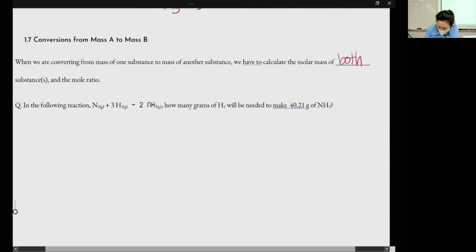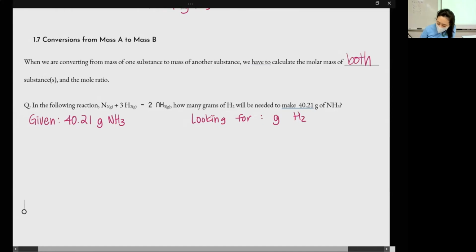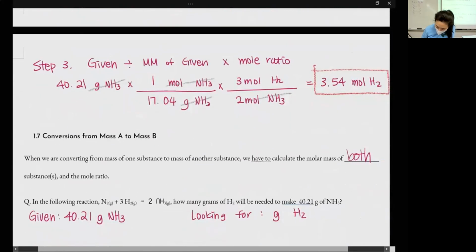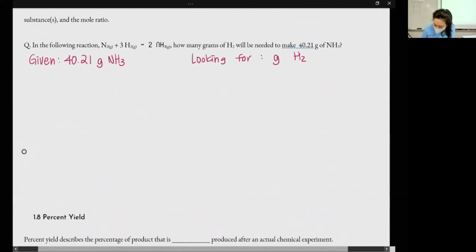Okay, so step 1, before writing step 1, we're going to write the given. So our given is 40.21 grams of NH3. Okay, and our looking for is grams of H2. So it's actually extending one more step from question 2, but we'll follow through each step.